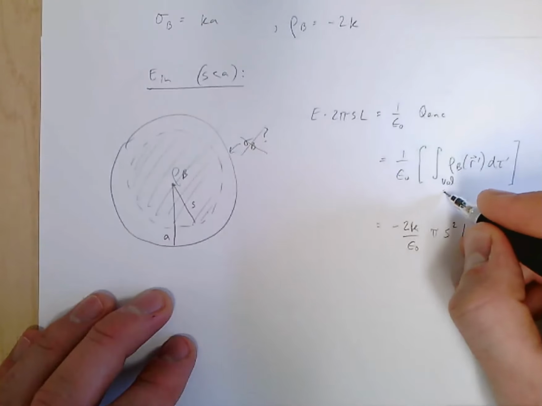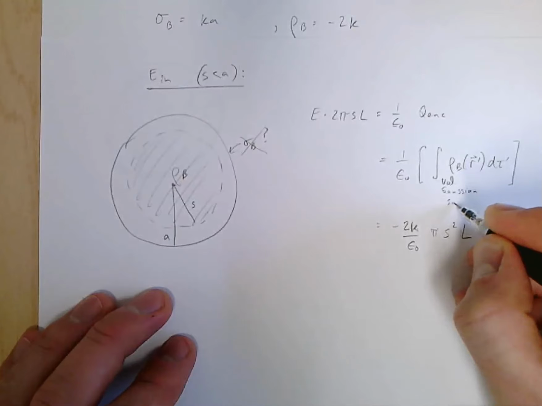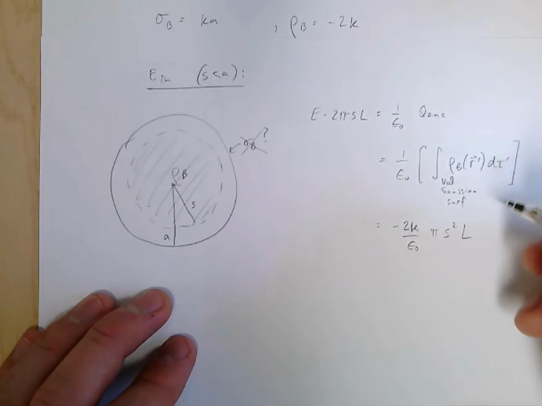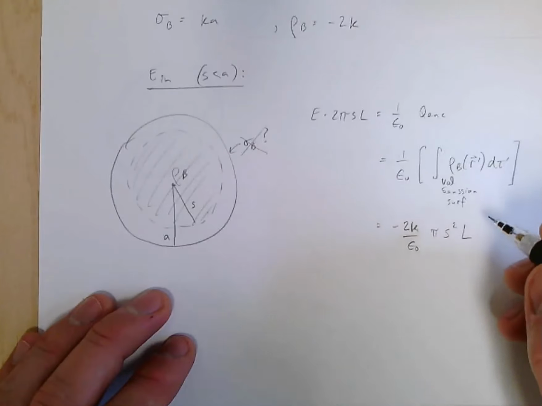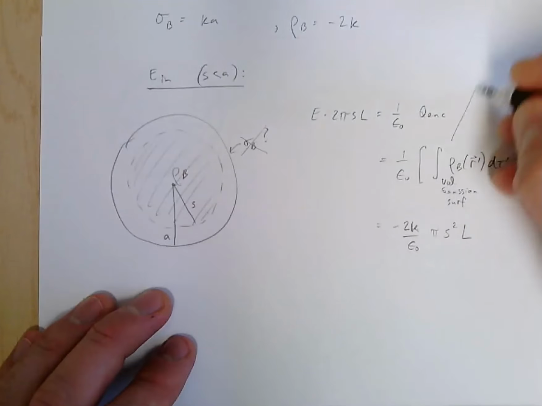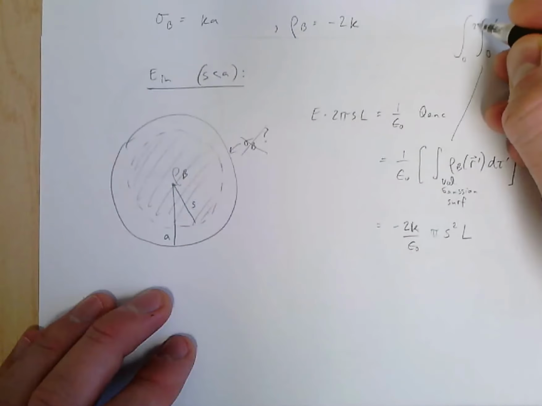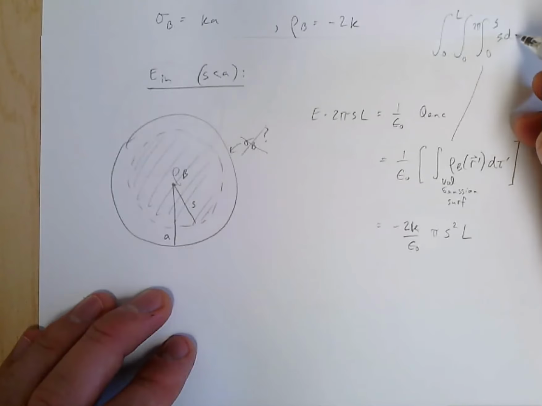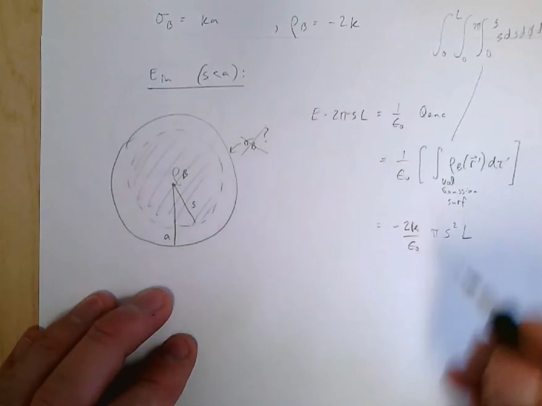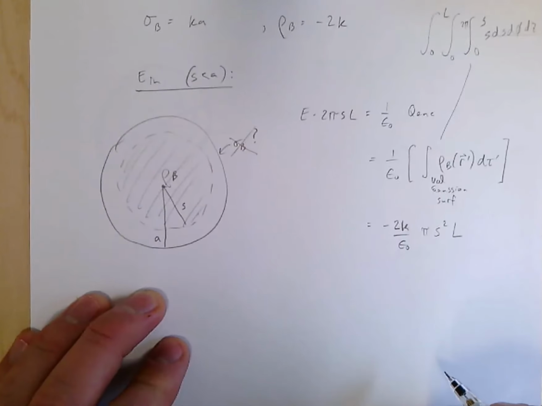I could have said the volume enclosed by the Gaussian surface, to really remind myself. In other words, this is an integral from 0 to S, from 0 to 2 pi, and from 0 to L, of S ds d phi dz. That's the level of thinking through things that you need.